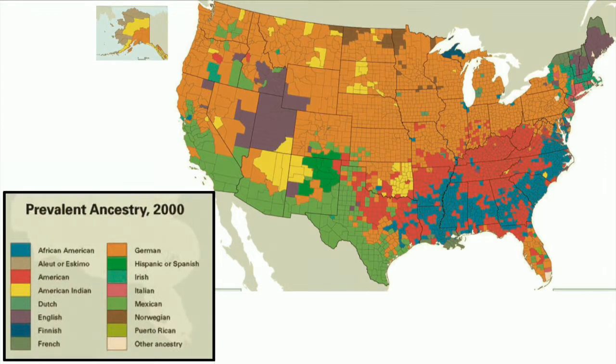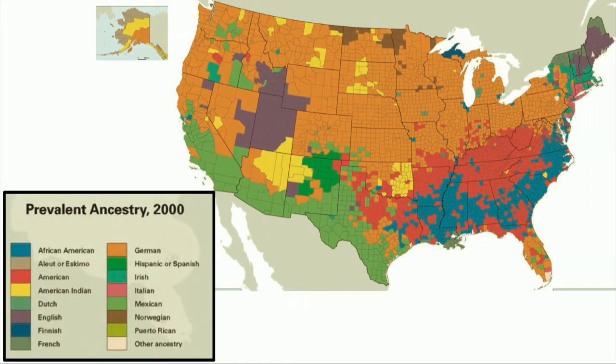Well, not in order of importance, but you will see the prevalence of people of German ancestry, particularly in rural areas, where we can assume there is a primary involvement in agriculture.